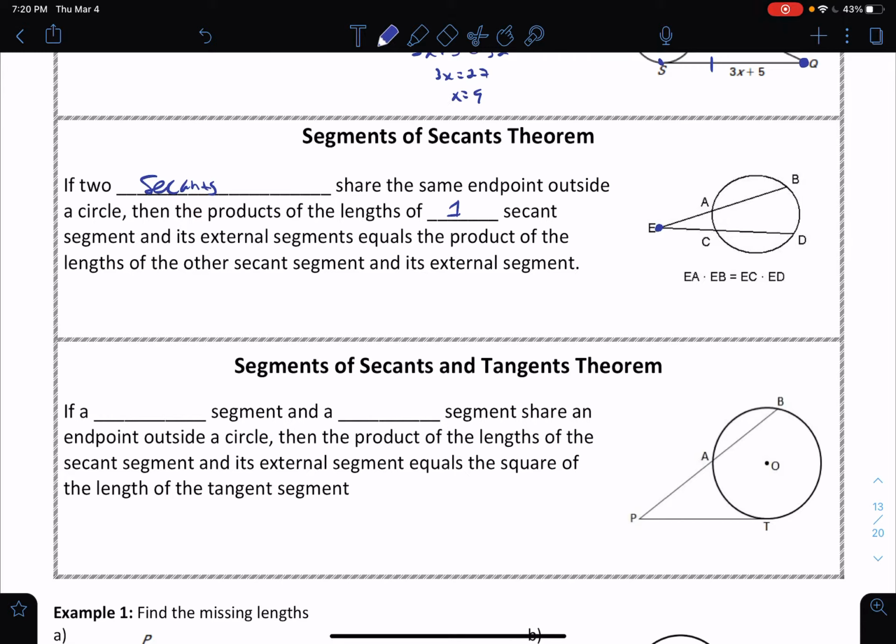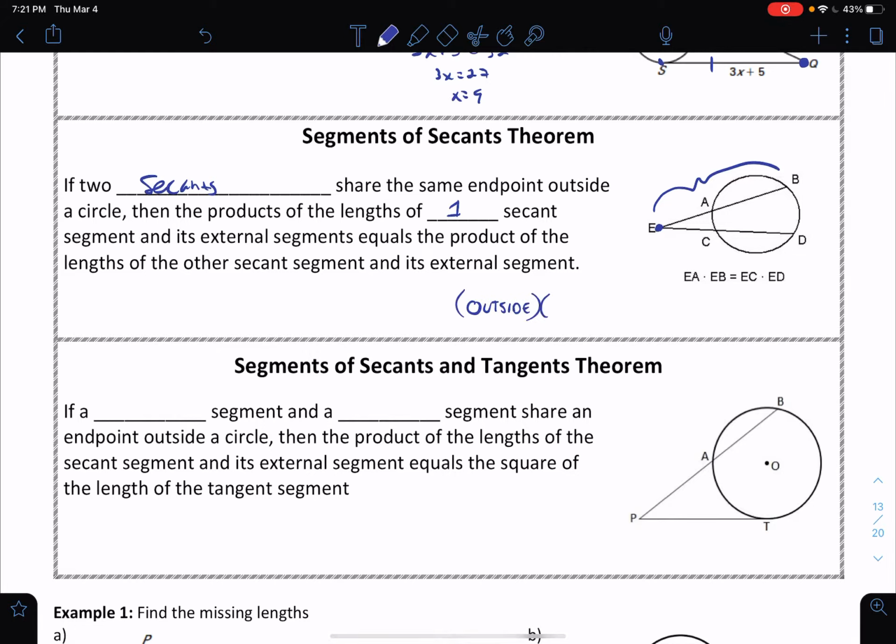What? Like, what is that saying? It's basically saying that the outside times the whole equals the outside times the whole of the other segment. So EA times EB, which is the whole secant, equals EC, which is the outside part, times ED, which is the whole.